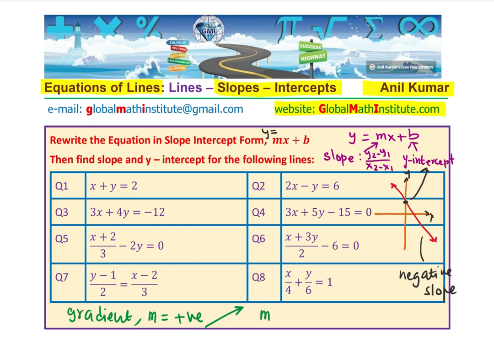But if m is less than 0, means negative, in that case, lines are falling, correct? So we have also learned how we sketch the lines when the gradient or the slope m is known to us and the y-intercept is known to us.